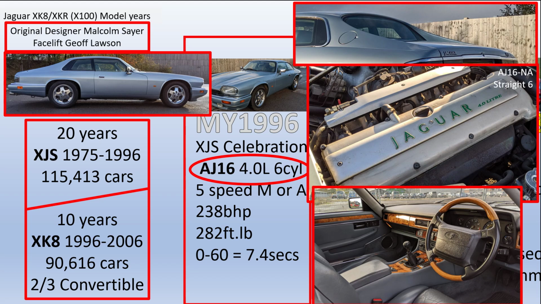The 4-litre 6-cylinder was putting out 238 bhp and 282 pound-foot of torque with a 0-60 of 7.4 seconds, so no slouch for the late 90s. The XJS was famous for those flying buttresses you can see at the top, and not to everybody's liking. So that was the predecessor to the XK8, the XJS.